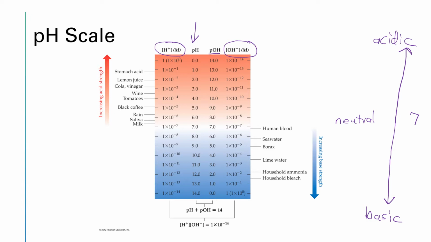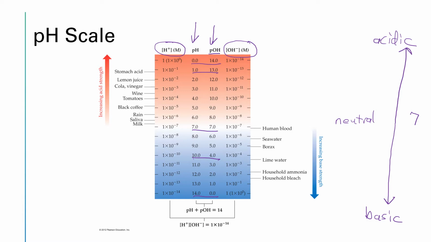If you look at all of the numbers in the columns labeled pH and pOH, notice the very top set of numbers is 0 and 14, then it becomes 1 and 13. I'm going to skip down a little bit here. We've got 7 and 7, we have 10 and 4, and then we're back to a 14 and a 0.